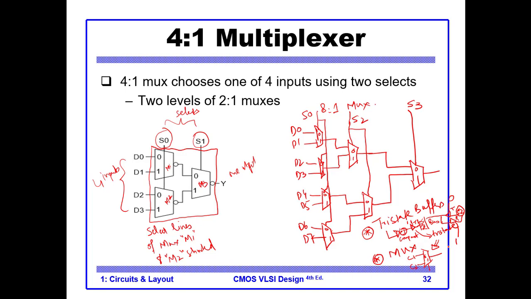So this is it for the combinational logic and how we design the building blocks of combinational logic. So to summarize, in this part we have studied how we can design gates, for example AND gate, OR gate, NOR gate, NAND gate and NOT gate, and then we went to discuss the transmission gates, and then based on that we went to discuss tri-state buffers and muxes.